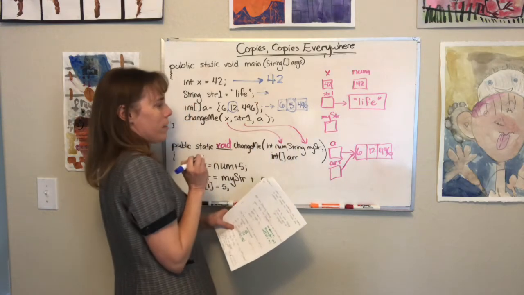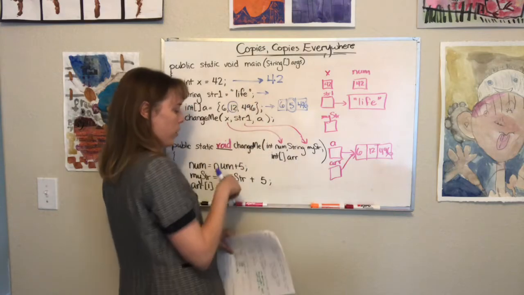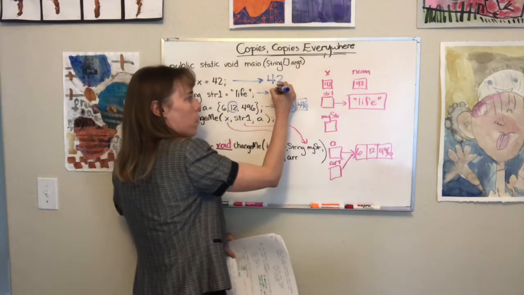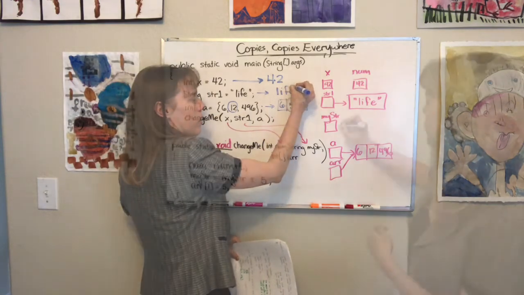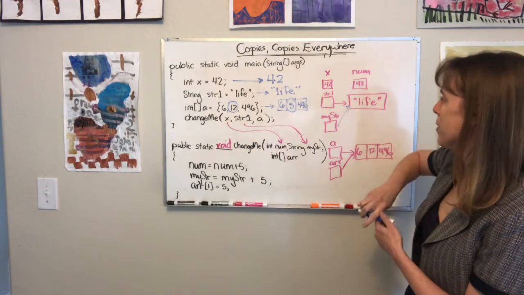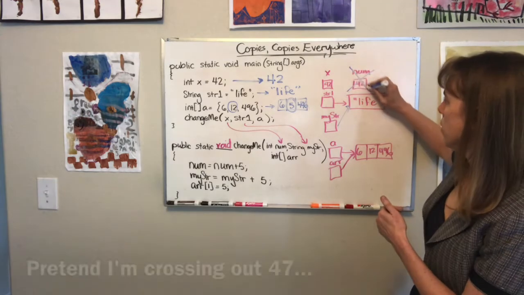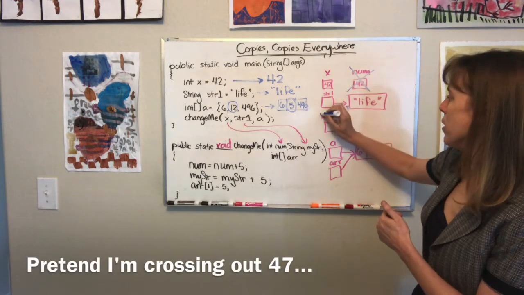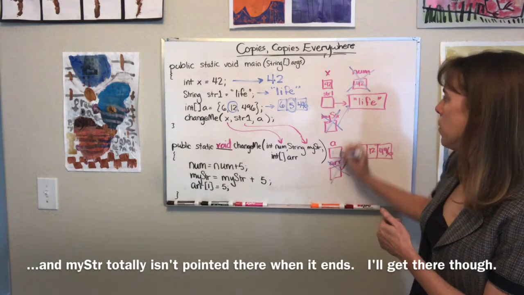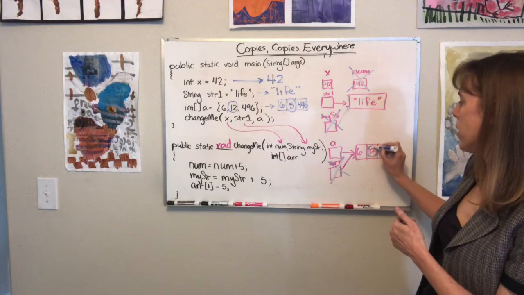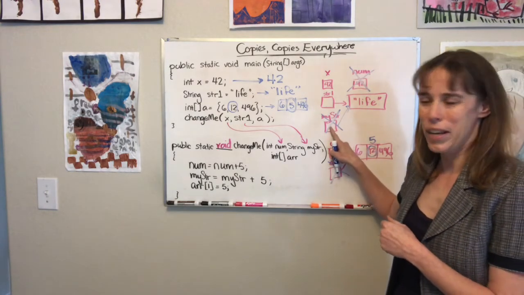And when you pass in life and change it by adding 5 to it, string 1 is still pointed at just the word life. This was aimed here initially. So after the method runs, num is gone, my string is gone, and r is gone. But A is still representing a change, and this is the weird thing.